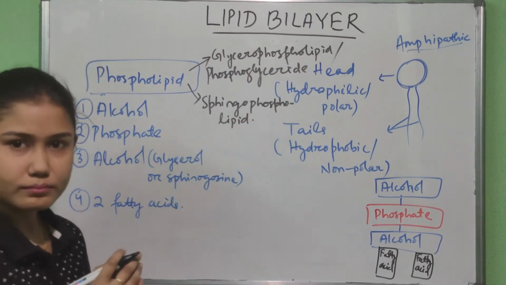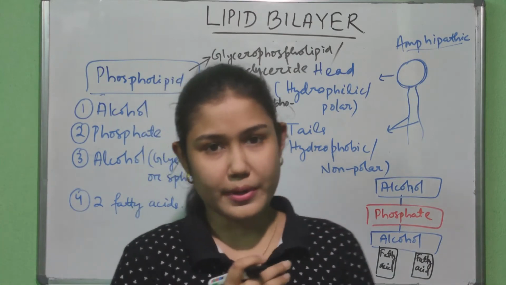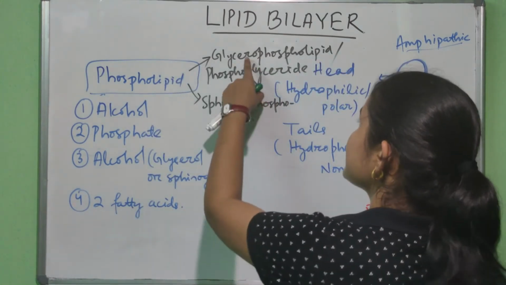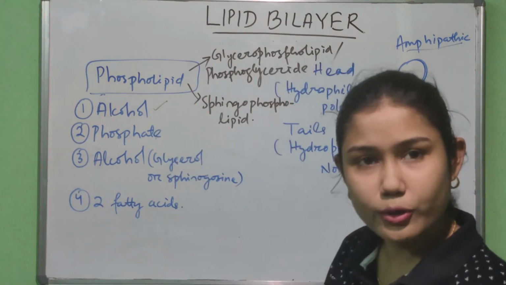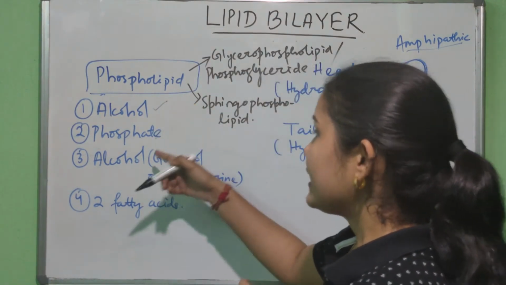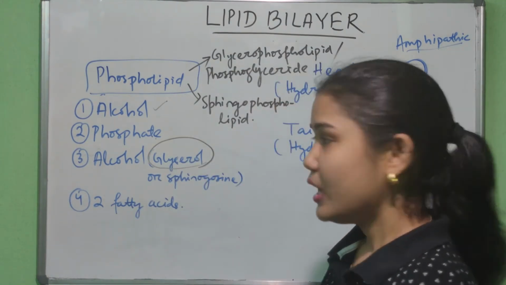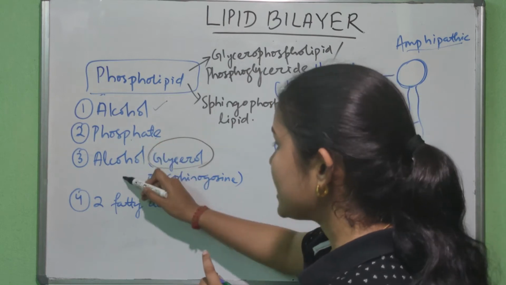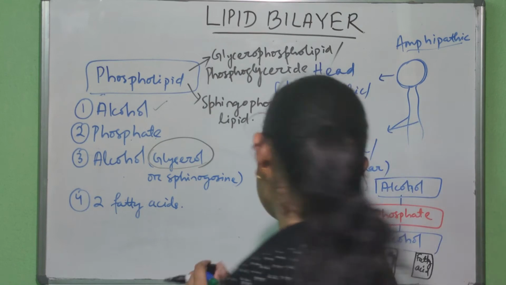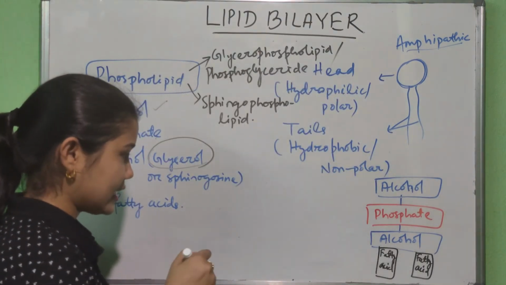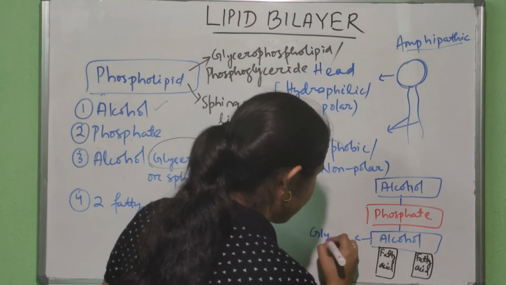Now, let's consider the glycerophospholipid. This glycerophospholipid has an alcohol which is attached to the phosphate group. Then, another alcohol is the glycerol, which is attached to the phosphate group as well as to the 2 fatty acids. So if we consider the structure, this alcohol is the glycerol.